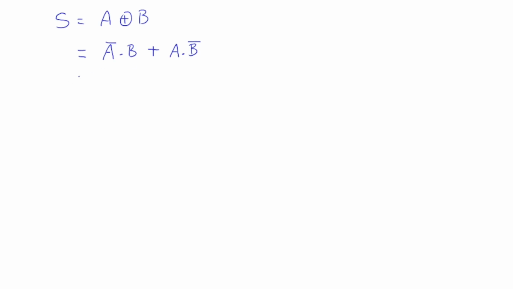So let's begin. We can write the same expression like this, plus 0 plus A dot B complement, and the value of the expression is not going to change. Why? Because x plus 0 is equal to x. The value does not change if you say plus 0.